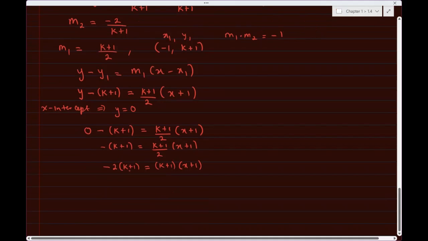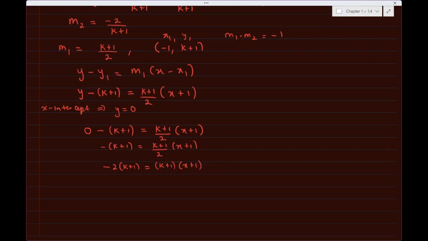Now we can divide both sides by k+1. Remember, k is not -1, so you are not dividing by 0, right? So we divide both sides by k+1. This will go with this, and this will go with this. So on the left-hand side, we have -2, and on the right-hand side, we have x + 1. So -2 - 1 is equal to x.